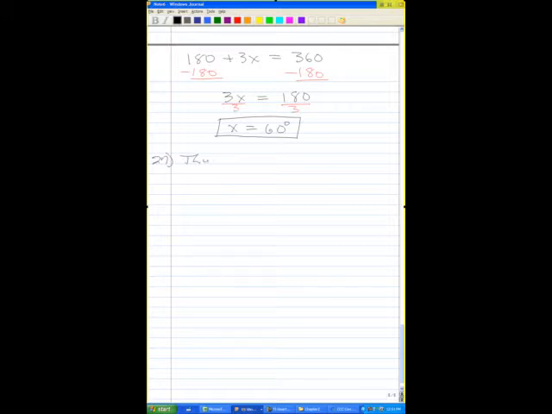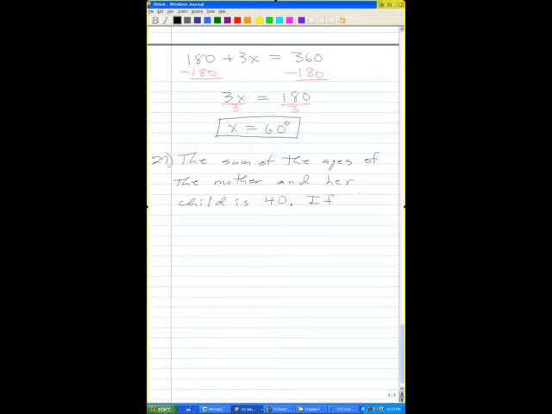The sum of the ages of the mother and child is 40.